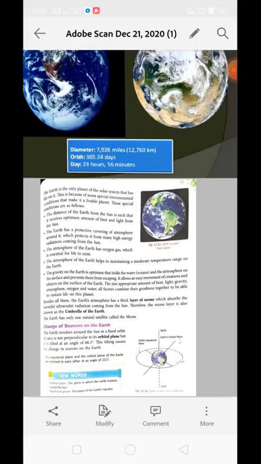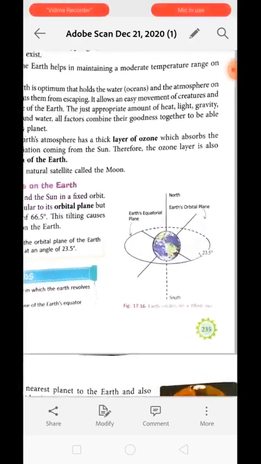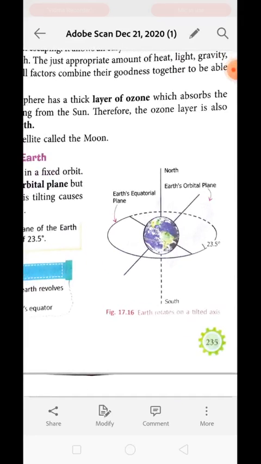The Earth revolves around the sun in its fixed orbit. Its axis is not perpendicular to its orbital plane, but it is slightly tilted at an angle of 66.5 degree. This tilting causes the change in season of the Earth. Understood?